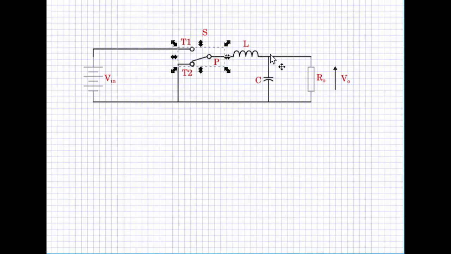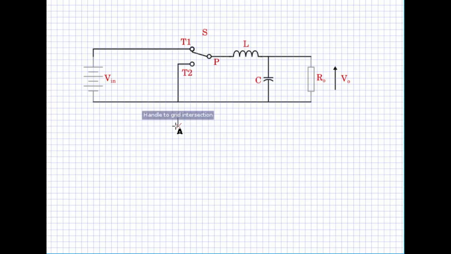The inductor current freewheels through the capacitor and the output load and discharges the magnetic energy into the capacitor and the load. And then again the cycle begins by the pole getting connected to Vin.